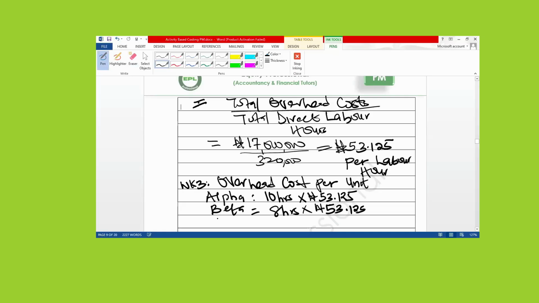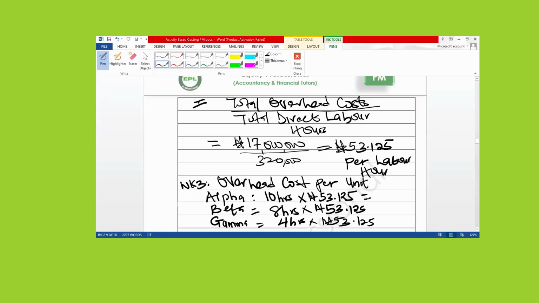$53.125. For gamma, labor hour is 4 hours at a rate of 53.125. Please work this out.